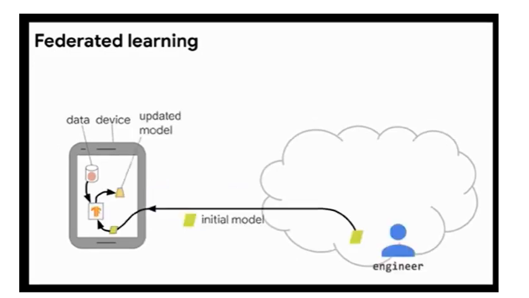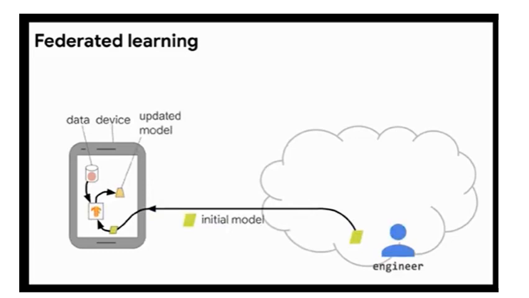Now what happens is that the engineer will send the initial model, represented by the green box in the cloud. This initial model can be a pre-trained model on a publicly available dataset, or trained on any dataset that has been acquired by the service provider in the past, or it can be any randomly initialized model.